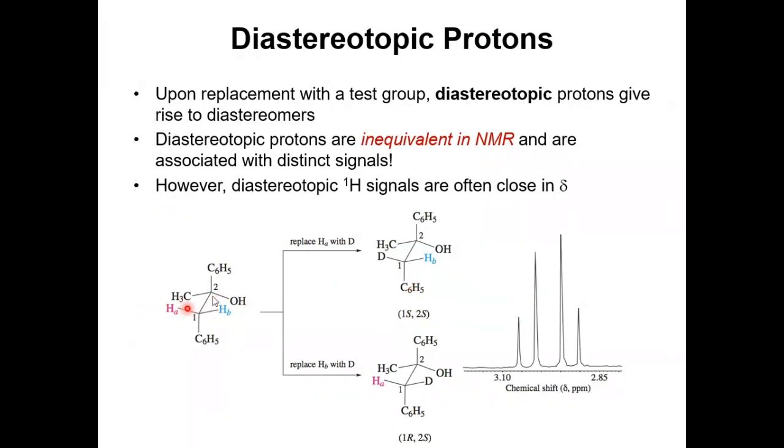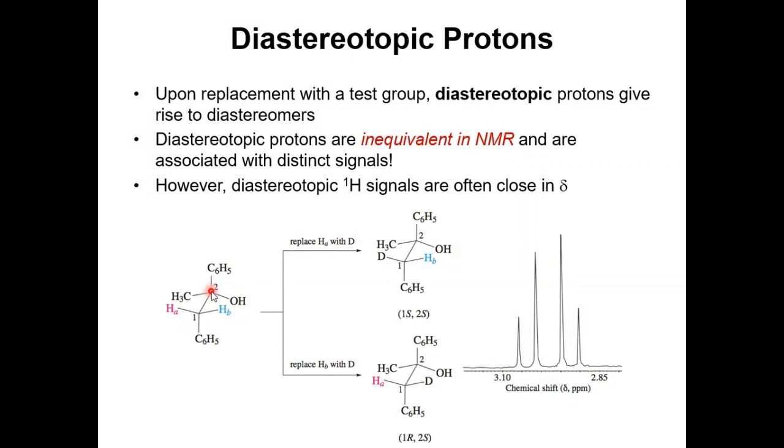An example you can see here: in addition to the two vinyl protons, we could also have a situation where two protons connect to the same carbon. This kind of two protons we call geminal protons. Two protons on the same carbon, and this carbon is next to a chirality center. So carbon 2 here is a chirality center.